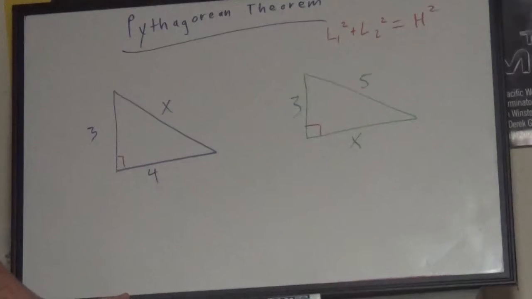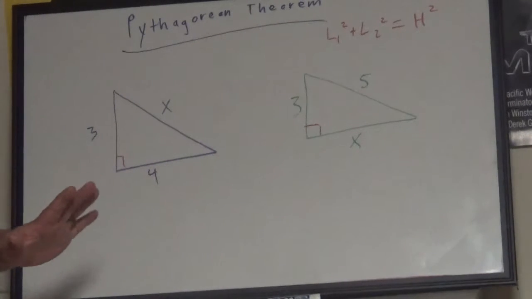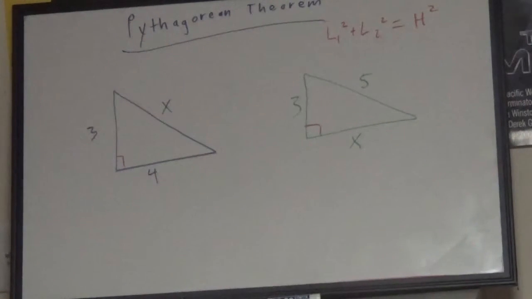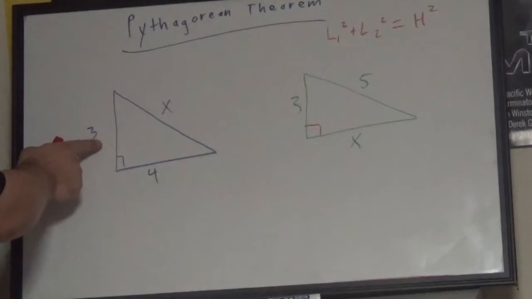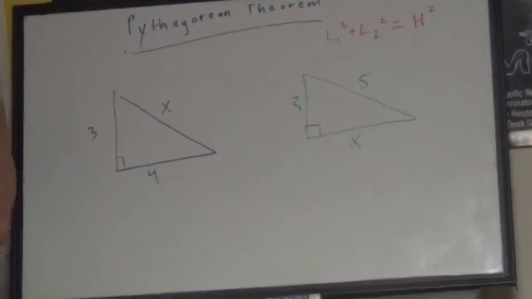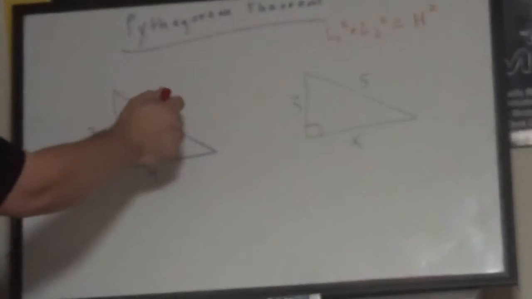I like to look at this in two ways. I'm going to give it in the most simple way that I can, the most simple description of how to do it. So always when we're talking about the Pythagorean Theorem, we're always squaring all of our sides. So I'm going to start by looking at what we have. Well, first thing I always want to do is label the hypotenuse.